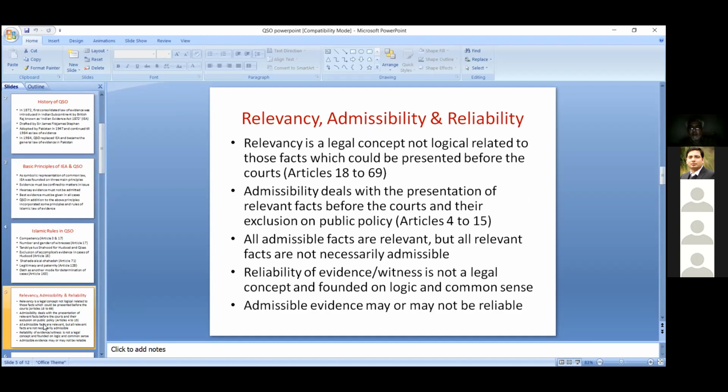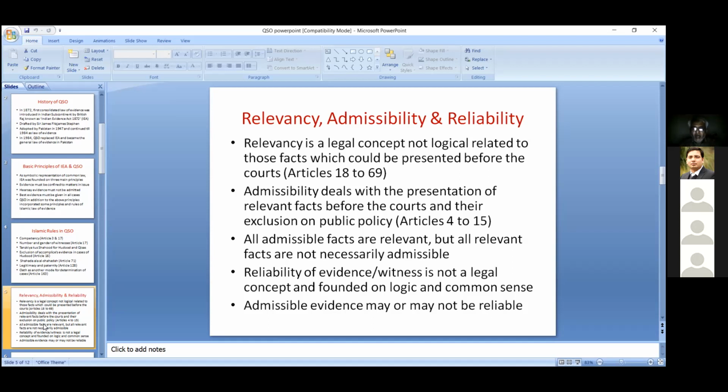Now coming to relevancy, admissibility, and reliability, this basically reflects the principle that evidence must relate to the matters in issue, and those matters in issue could be ascertained on the basis of the relevancy of evidence.